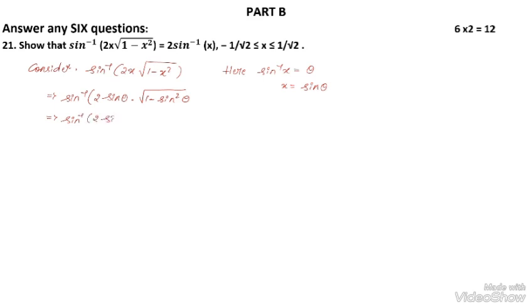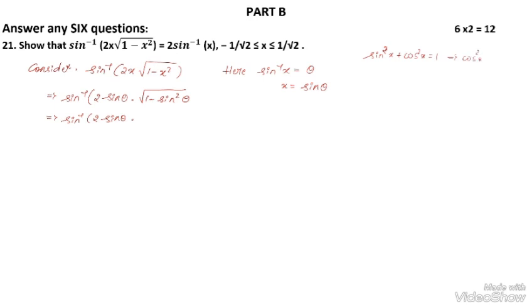Again, sine inverse of 2 sine theta into root of 1 minus sine square theta. Already we know the trigonometric identities: sin square x plus cos square x is equal to 1. We want 1 minus sin square theta here.